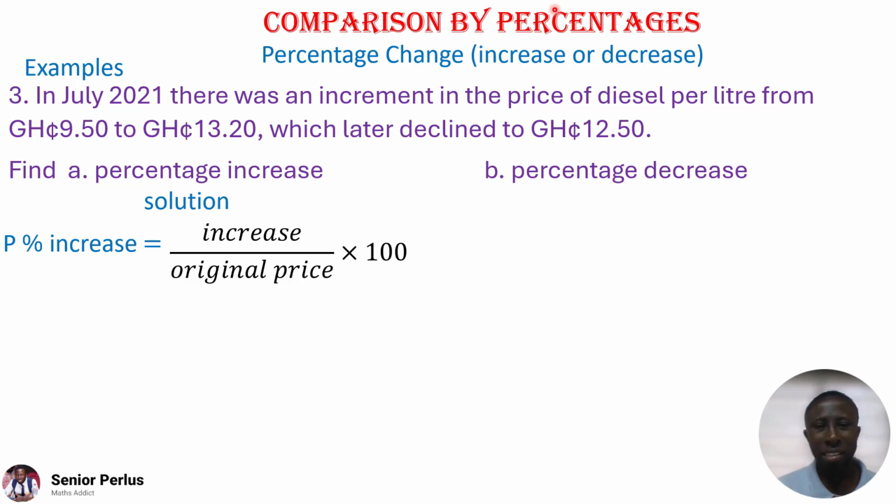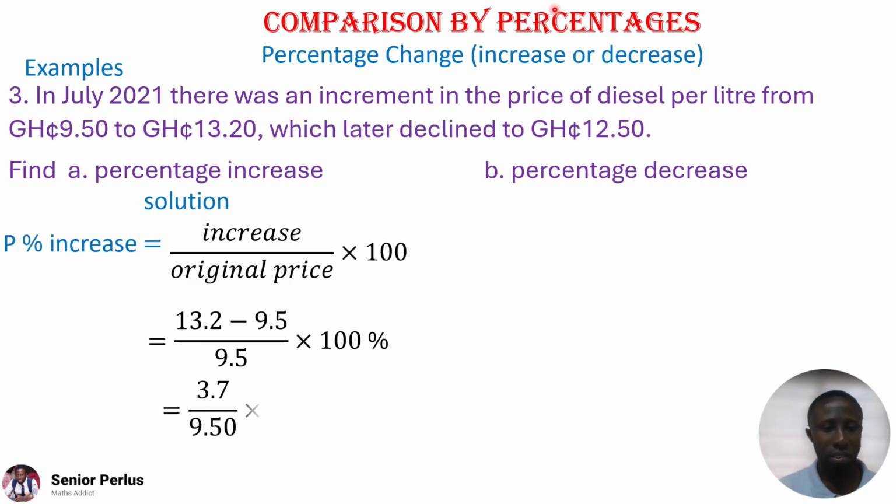There was an increment from 9 cedi 50 pesewas to 13 cedi 20 pesewas. We just find the difference, then out of the original. So the original at first was 9 cedi 50 pesewas. That's the original price. So you multiply by 100. That's what we are doing. Very simple.